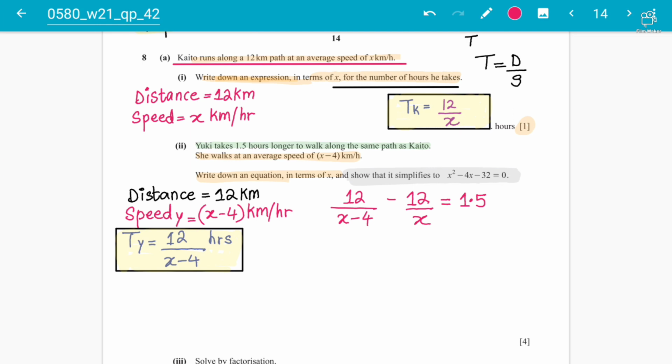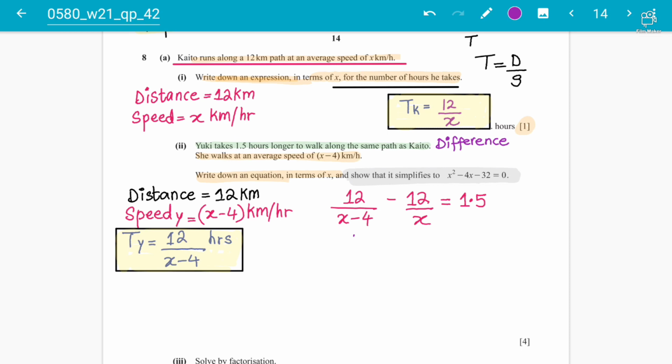In simple words, they are telling you the difference between them in hours: Yuki is taking 1.5 hours more, which means Yuki is taking extra time. Cato runs fast and finishes quickly, and Yuki takes 1.5 hours more.